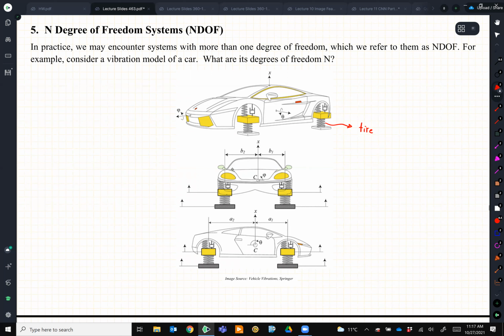It also has damping. In a more accurate model, later you will see we also add damping for the tire. But the tire by itself is a spring. So this is the mass of the tire, the tire modeled as a spring.